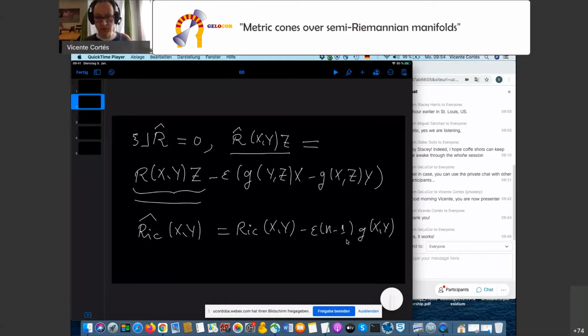Okay, so from these formulas you can check various things. For instance, one consequence is that such a cone can only be Einstein if it is Ricci flat. This is a general property which you will use later in the talk.